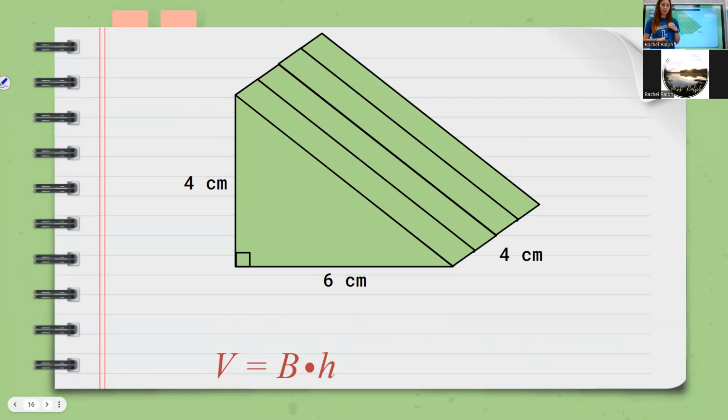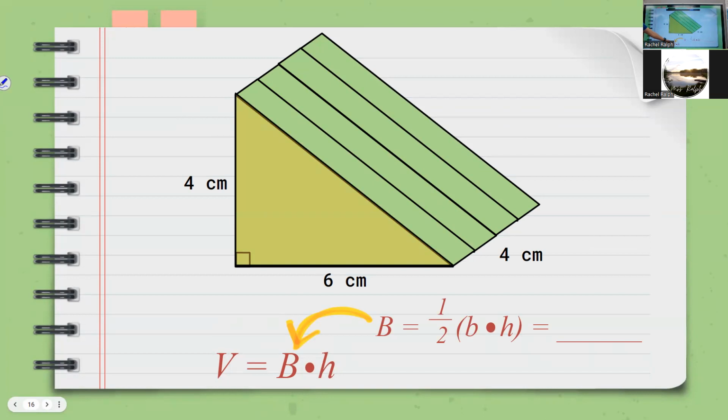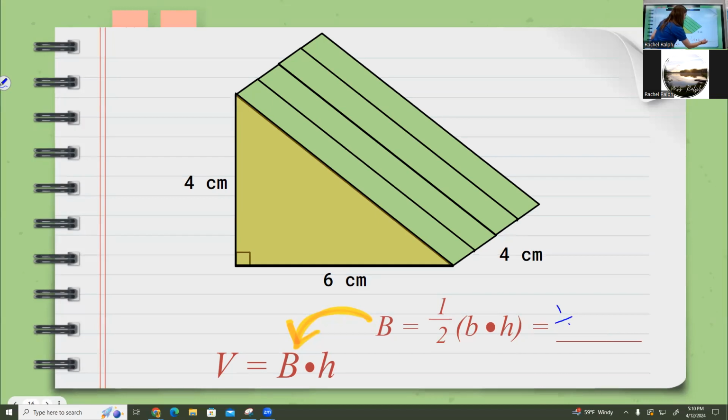That is our height. So as we go to find this, once again, we need to find the area of our base. That's been shaded in yellow here. The area of our base is 1/2 base times height. We just did that, right? We had 1/2 of 6 times 4. 6 times 4 is 24. Half of that is 12.